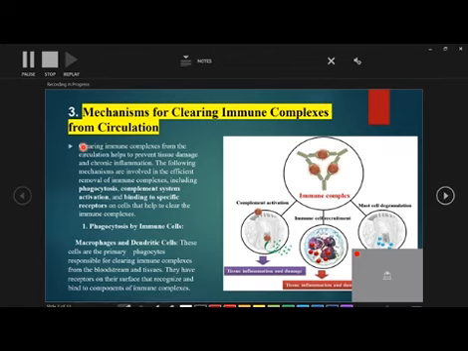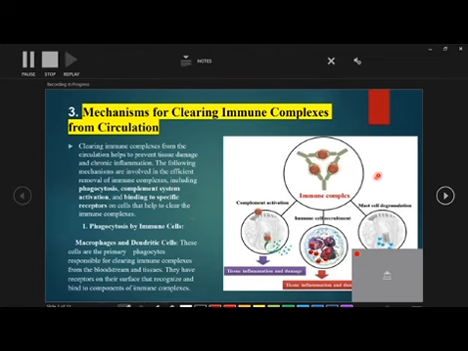So let's continue with the third question, which is the mechanism of how immune complexes are cleared from circulation. Immune complexes are cleared from circulation through many processes like phagocytosis, complement system activation, and binding of specific receptors.